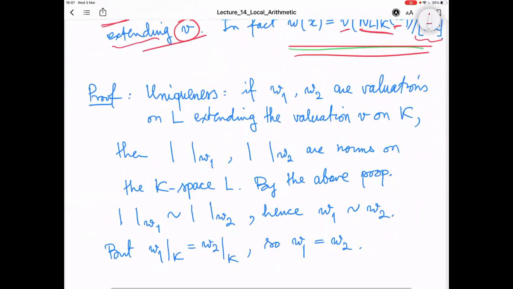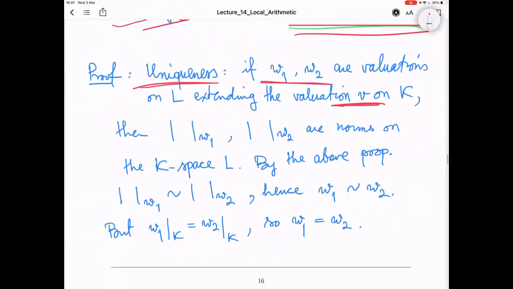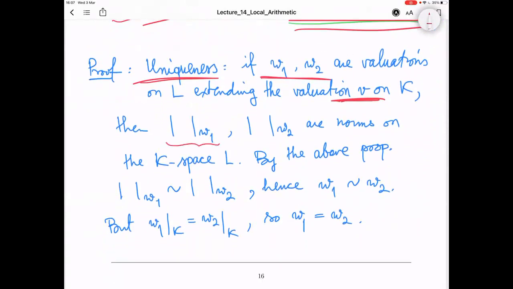Okay, so the uniqueness part is easy. If I have two extensions, W1 and W2, both extending the valuation V on K, then I can view these valuations on L as norms on the K vector space L, because they satisfy the axioms for a norm.